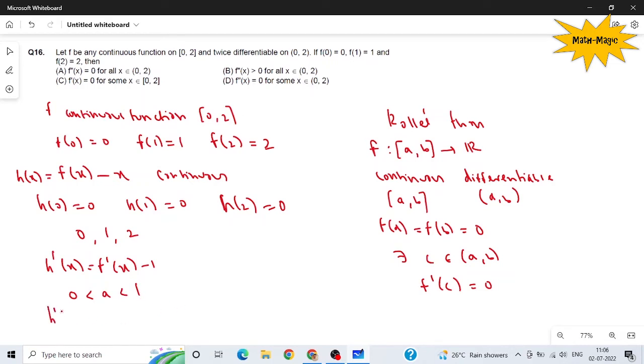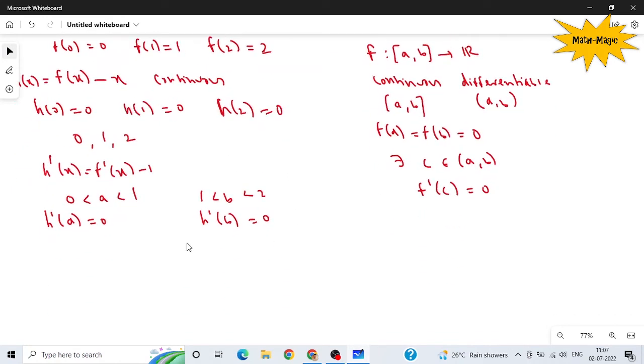So h dash of a is 0, and similarly it has a root between 1 and 2, say 1 less than b less than 2, and h dash of b is equal to 0. Now we can apply the same idea to h dash, because h dash is a continuous function with roots a and b. So between them there will be a root of h double dash.